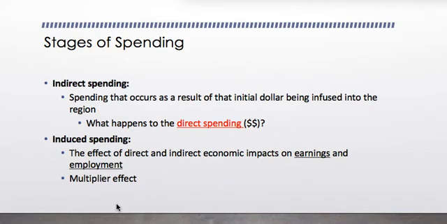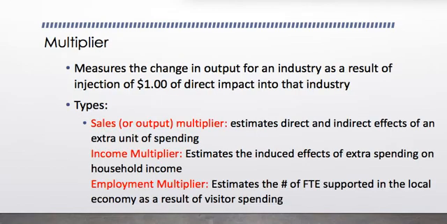And thankfully, the U.S. Bureau of Economic Analysis gathers data on economic impact in the different types of industries in the U.S., and they put out multiplier tables that basically give communities and cities an assessment of what a likely multiplier might be for a particular industry. So the multiplier itself is basically just measuring the change in output for an industry as a result of that initial dollar that gets put into the industry.